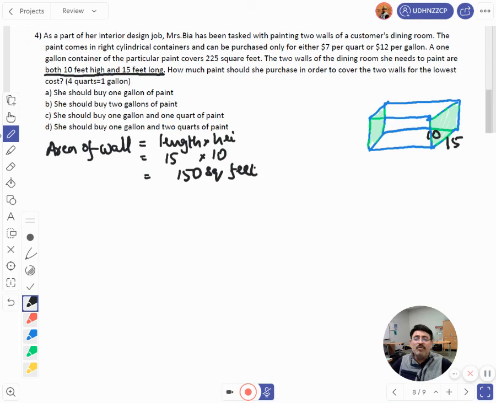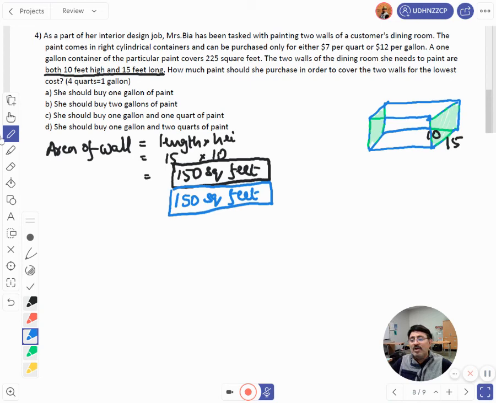Okay, but we have two walls, therefore I'm not going to compute again. Please remember, not one wall, there are two walls. So for the second wall, the opposite one will also have the same measurement, therefore this is also 150 square feet.